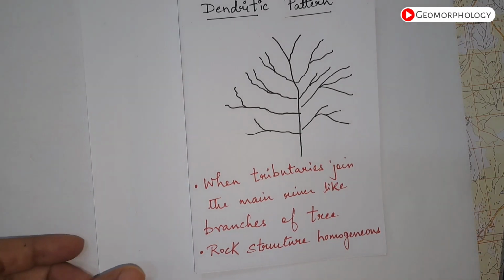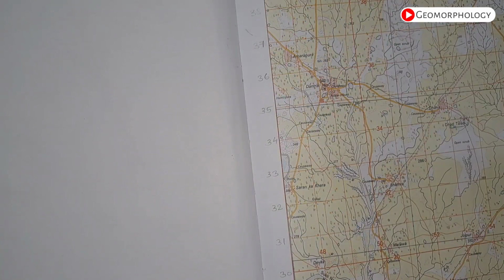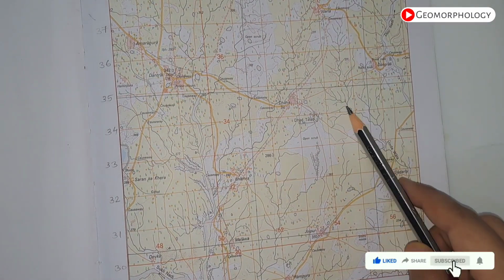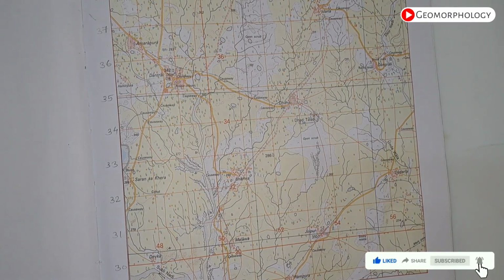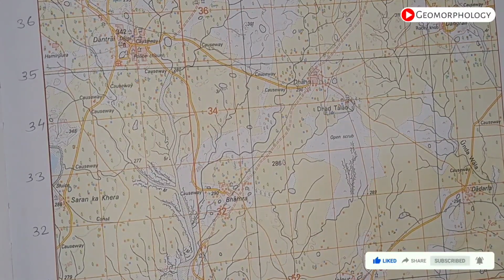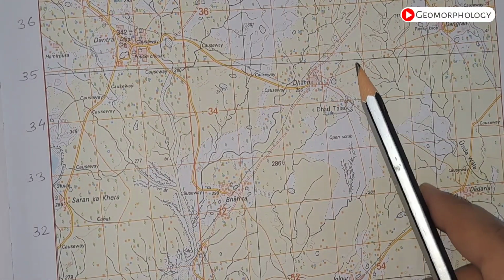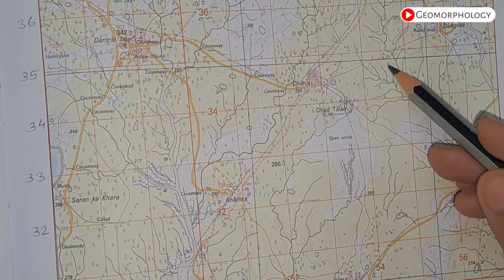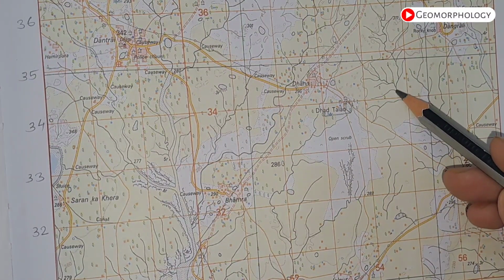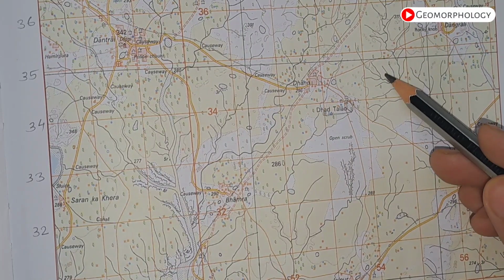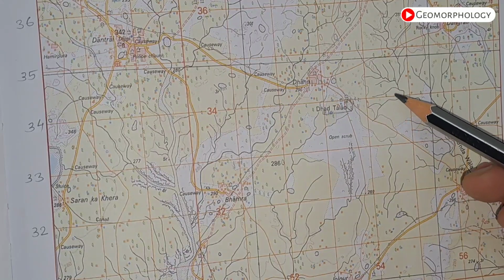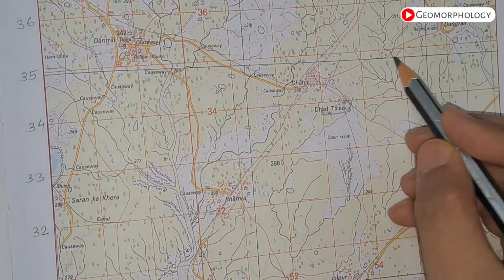Now if we see in the topo map, we will be able to identify this type of drainage pattern. This is a very clear dendritic drainage pattern. This is the main river and the tributaries are joining the main river like the branches of a tree.